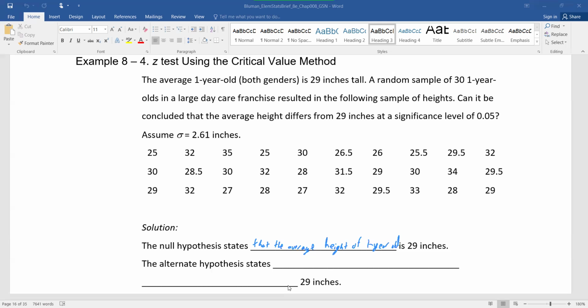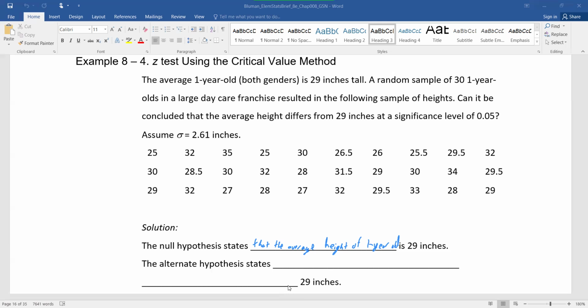Good. How do we know that by using the wording in the paragraph? Okay, gotcha. The word differ is going to be not equal to. There's no less than, no greater than, no increase or decrease. The word differ simply means not that value, so that's going to be a not equals to. So how would you write this in words? Perfect.